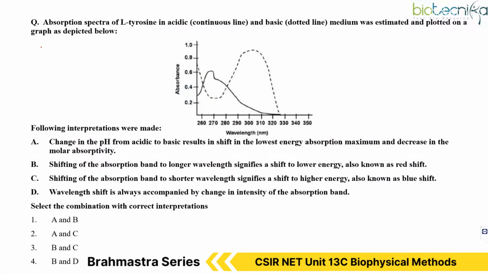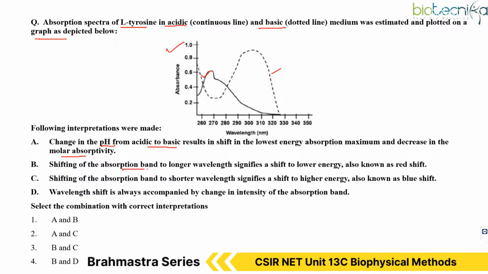Now let's discuss another question. Again, here you can see it's a part C question, a figure-based question. Absorption spectra of L-tyrosine in acidic, represented with the continuous line, that is this one, and basic, that is with the dotted line medium, was estimated and plotted on a graph as depicted below. Following interpretations were made. A. Change in pH from acidic to basic results in shift in lowest energy absorption maximum and decrease in molar absorptivity.